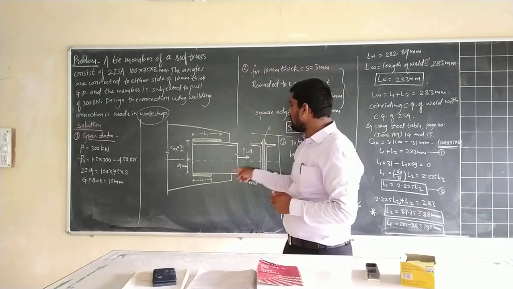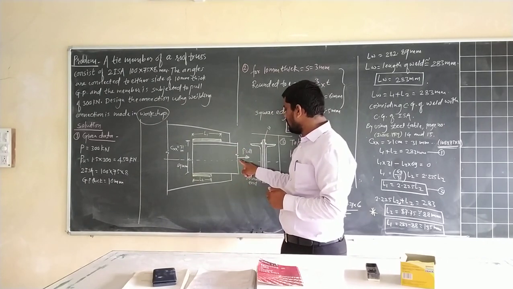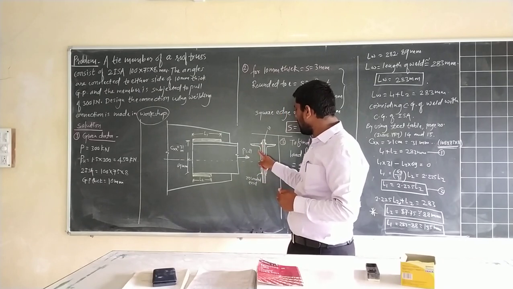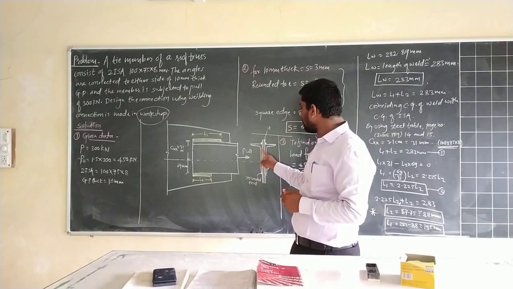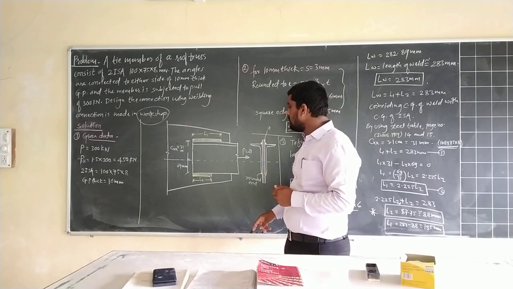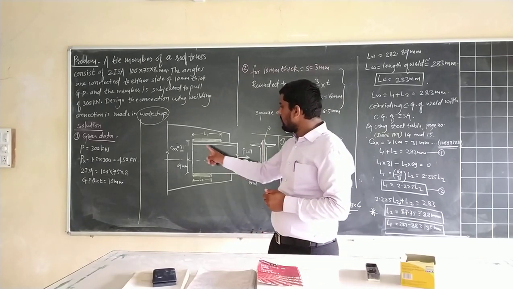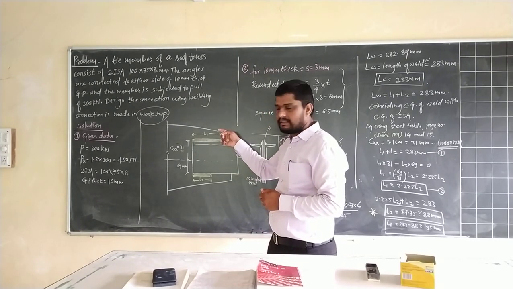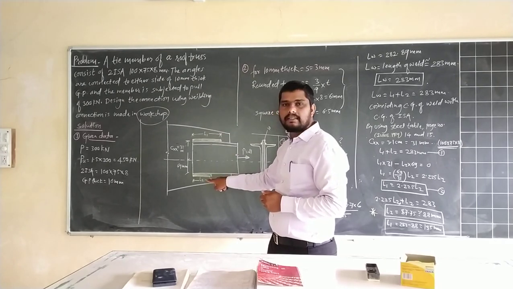So this is the diagram with us. This angle section 100 by 75 by 8 on both sides is connected by the 10 mm thick gusset plate. So this is the approximate value of L1, the length of weld on one side, and on the other side the length of weld is L2.